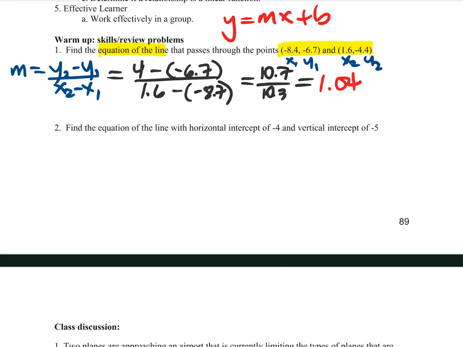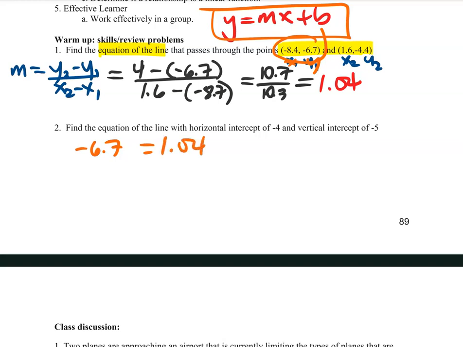So you can use either of the 2 points. So let's use this as your x and y and plug into your y equals mx plus b. So y is negative 6.7 equals your slope times your x, negative 8.4, plus b.